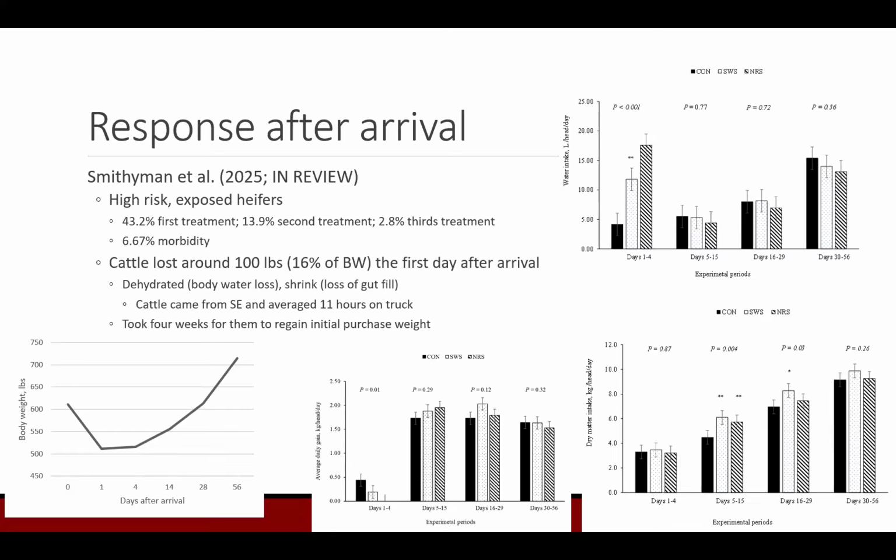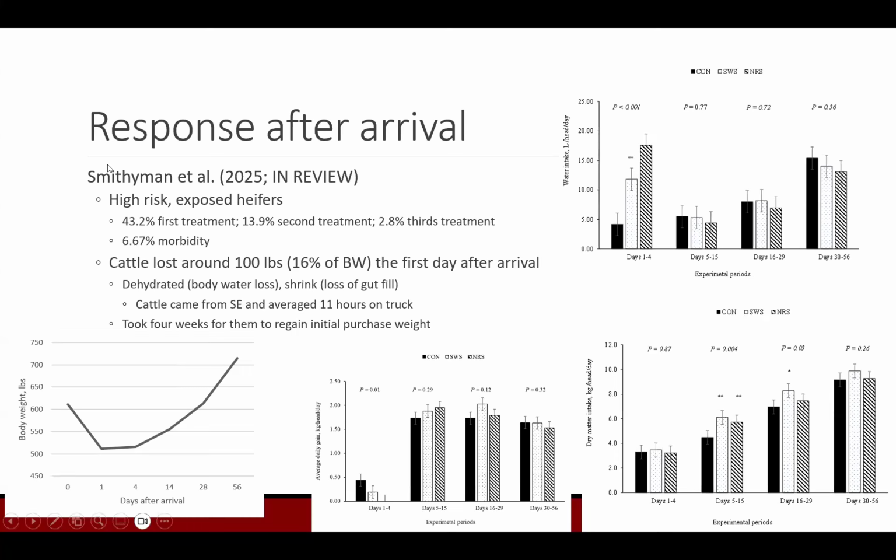However, they will all really pretty much lose weight. Okay. So it becomes important, how long does it take that animal to recoup their pay weight? Because you can't start making money, you can't start adding value to that animal until they at least weigh what you paid for, right? Does that make sense?